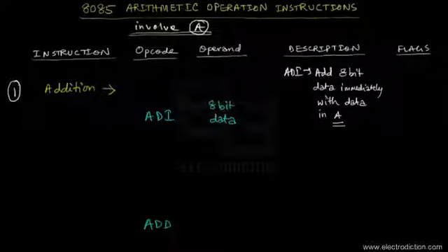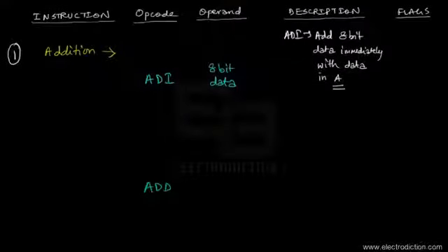Okay, so now as I was talking about the addition instruction, that's ADI, it just means add immediately. Its main operand is basically an 8-bit data, or any 8-bit data can be its operand. So let me give you an example. What this instruction basically does is that it just adds an 8-bit data with the data that is present in the accumulator currently.